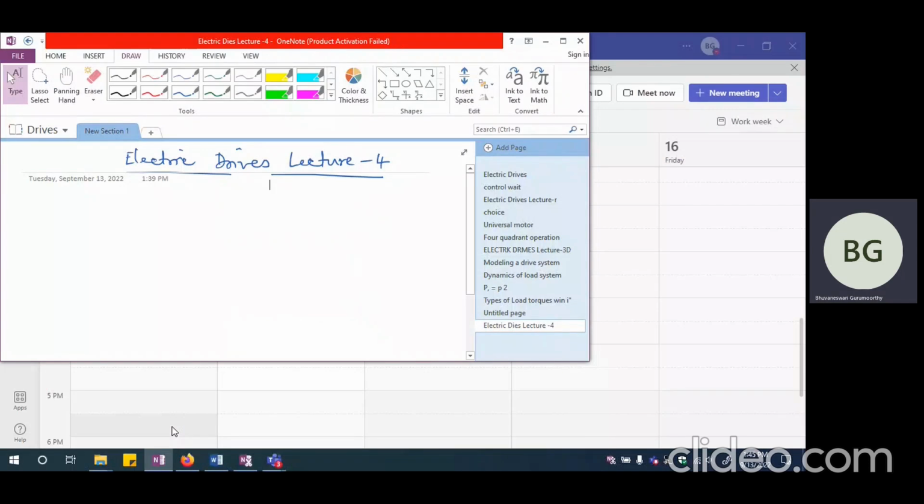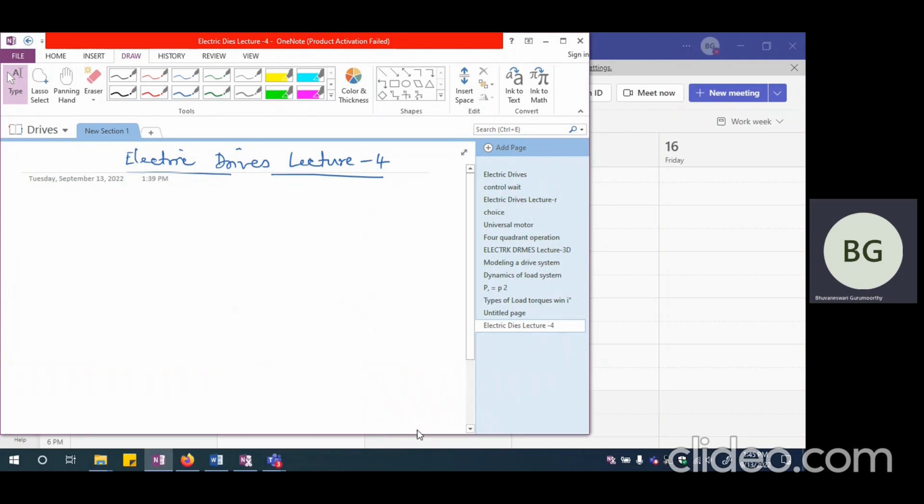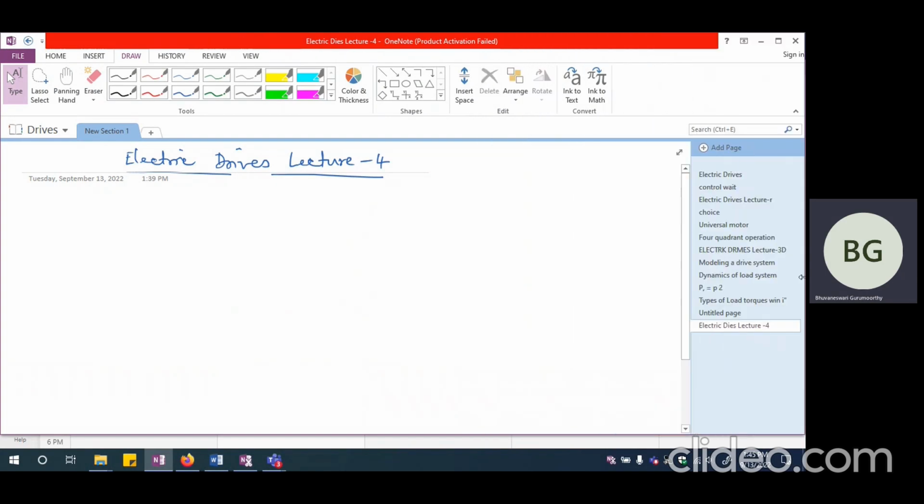So in the last class, I mentioned that you would normally see in an electric drive system sometimes a gear arrangement, sometimes an arrangement which converts translational to rotational motion. And at that time, we talked about two things.